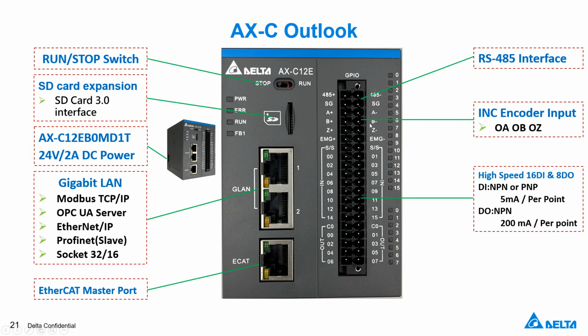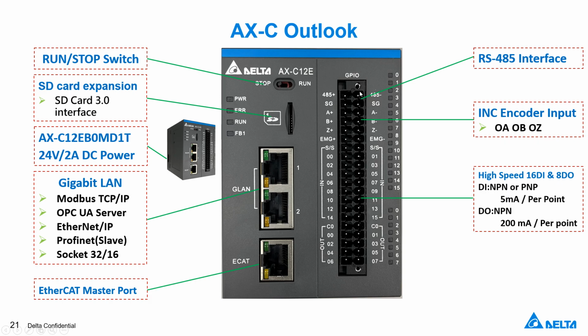And the next is the AXC module, and you can see from the appearance that it is the same as the other modules I introduced. The difference is that it has a built-in I/O, and this one can only support RS-485 communication, and you cannot choose.